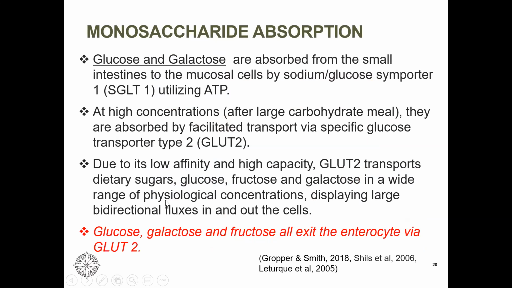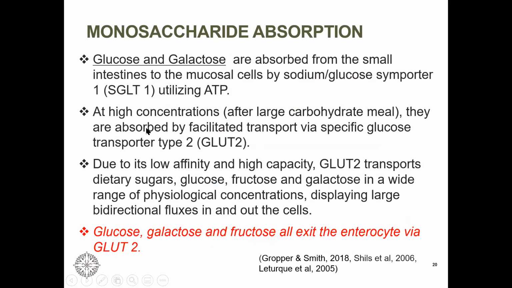Don't want to repeat all that unless you have a question. Now coming on to the absorption of other monosaccharides such as galactose. They are absorbed in the small intestine by sodium glucose symporter or sodium glucose transporters.